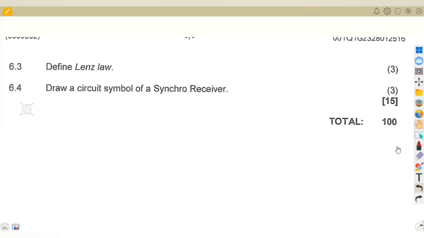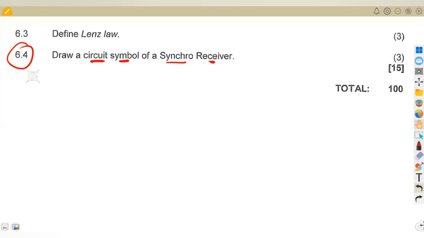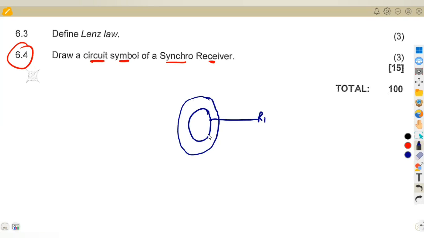Then the other part, 6.4, was to draw a circuit symbol of a synchro receiver. There are so many ways that you can draw these synchro receivers, guys, but here I'm just going to indicate it in an easier way. It should be this way: we have R1 and R2 on this side, and on the other side we shall have S1, S2, S3.